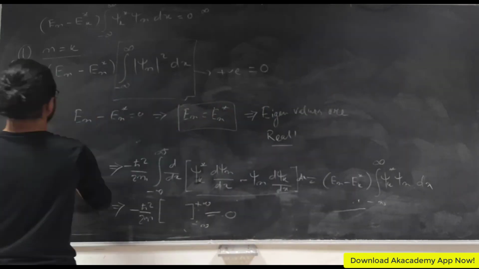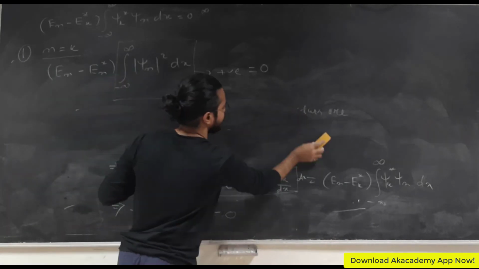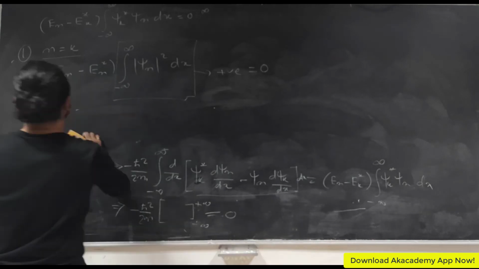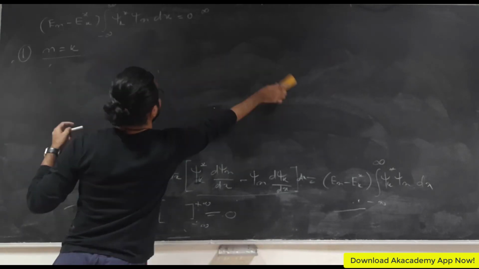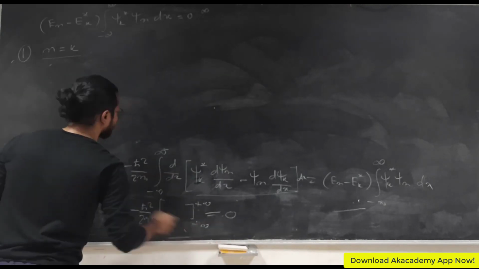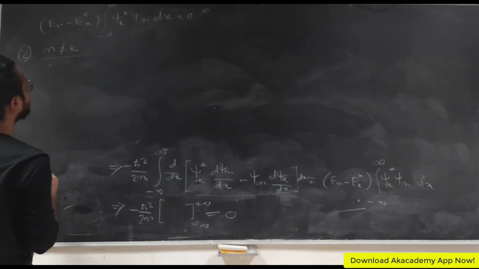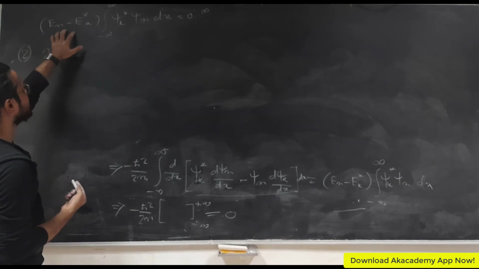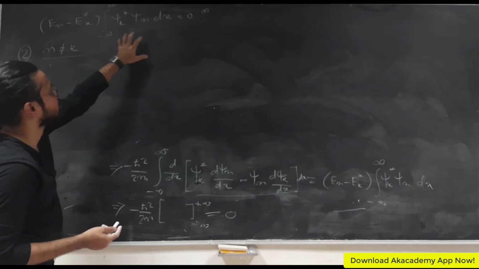So let's take the second case, n is not equal to k. When n is not equal to k, the factor en minus ek star need not be 0, so only the integral will be 0.